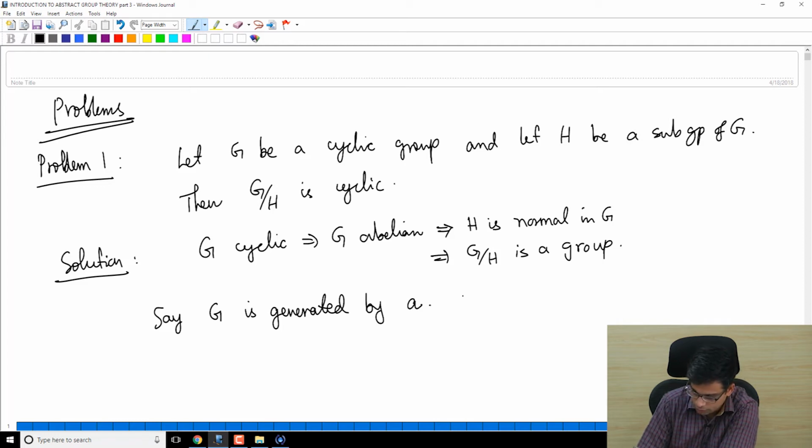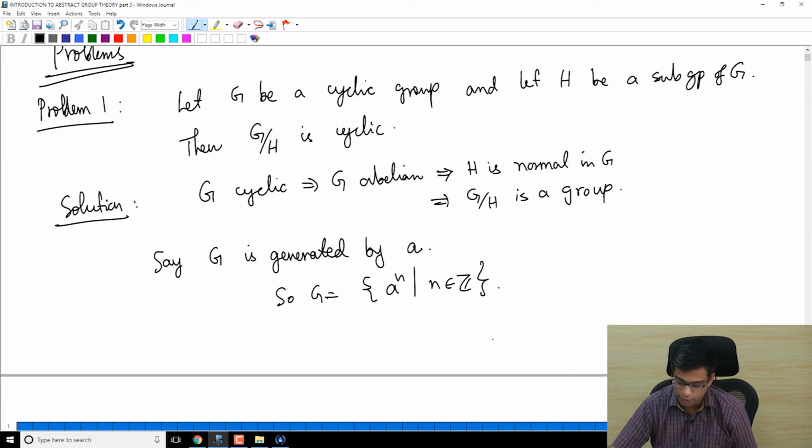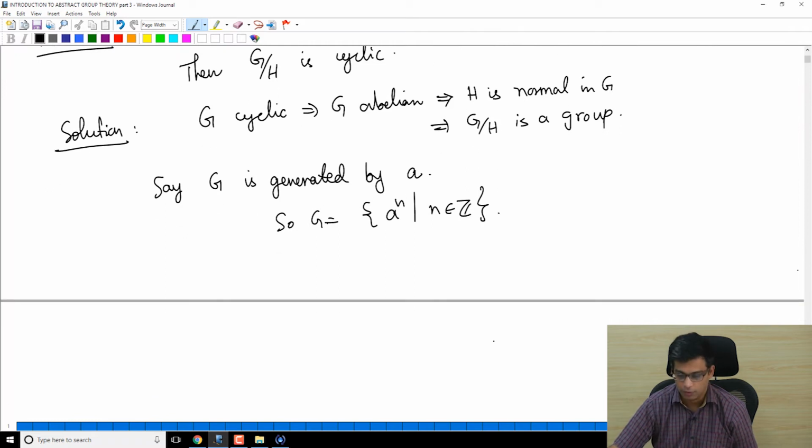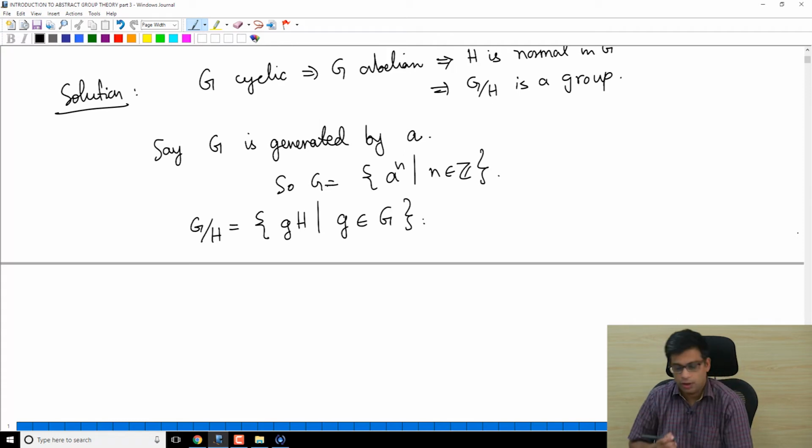So G is equal to a to the n, n belongs to Z. So powers of a exhaust all of G. So every element of G is a power of a. Now what is G mod H? G mod H is gH, where g is in G. So these are the left cosets of H in G.